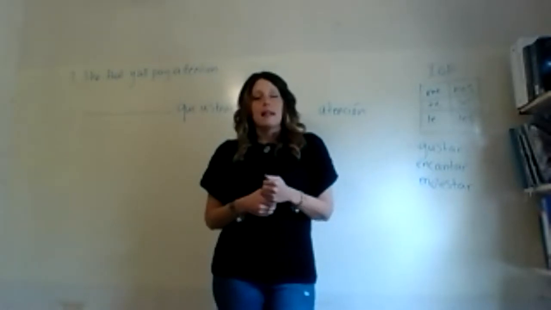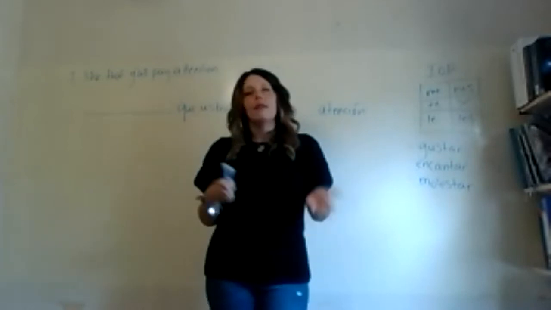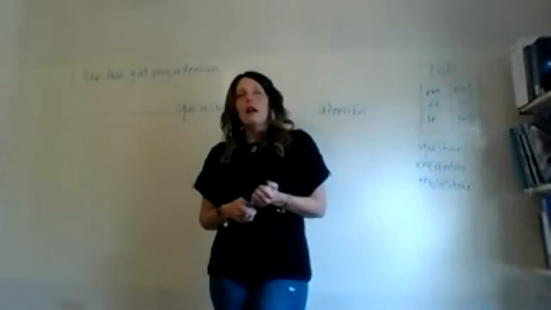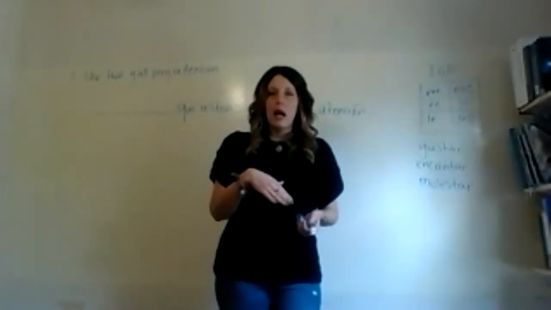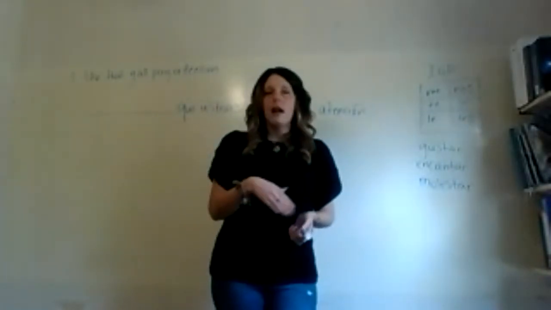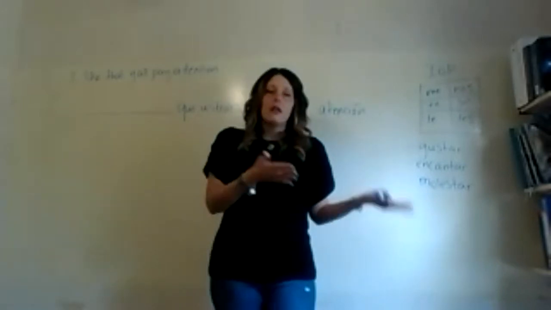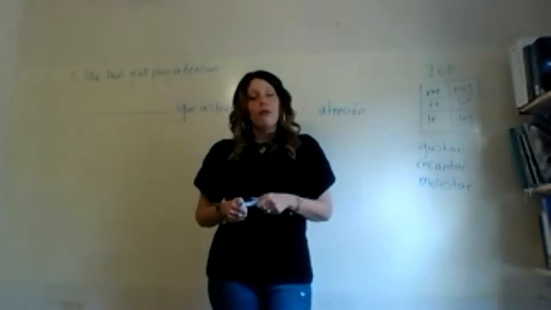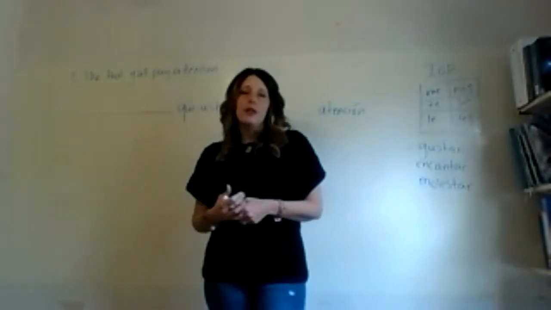So we say things like me encanta, te encanta, nos encanta, for example. No me gusta, no le gusta, no les gusta. That will be on you to review from either a Spanish 1 or a Spanish 2 curriculum.